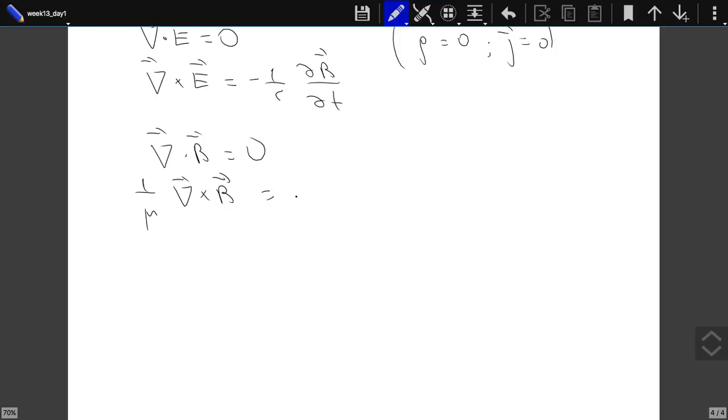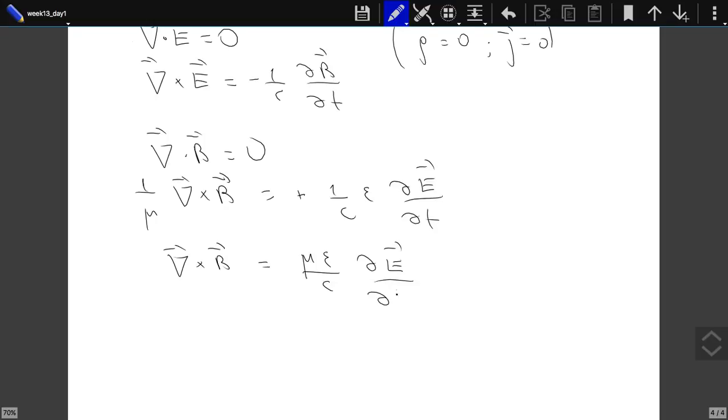This is equal to plus 1 over c epsilon dE by dt. Or curl of B is equal to mu epsilon over c, del E by del t.